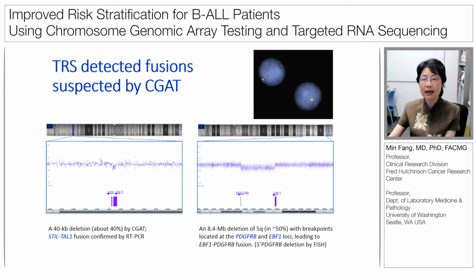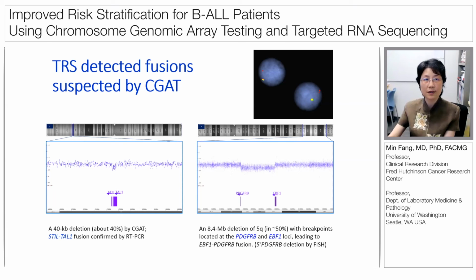This is a profile of one patient showing a small deletion of only 40 kb in about 40% of the cells that suggests a STIL and TAL1 fusion, because the breakpoint happened right in the middle of those two genes. In this case, the fusion was later confirmed by RT-PCR.